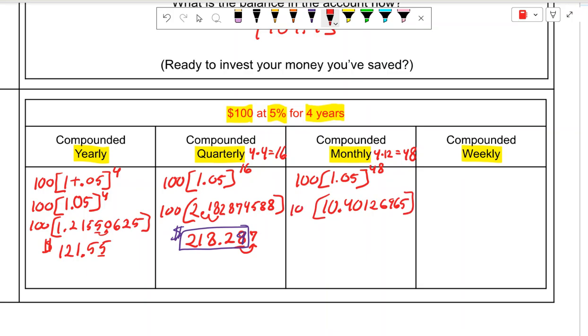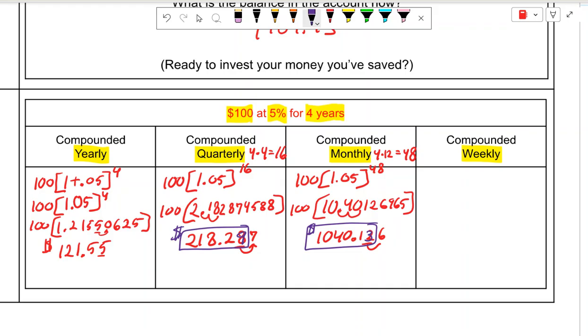I'm going to multiply that by 100. That's going to send it over twice. And look how much money I have after 4 years. Round, shift that 2 to a 3. There it is. My $100 in 4 years grew 10 times larger.